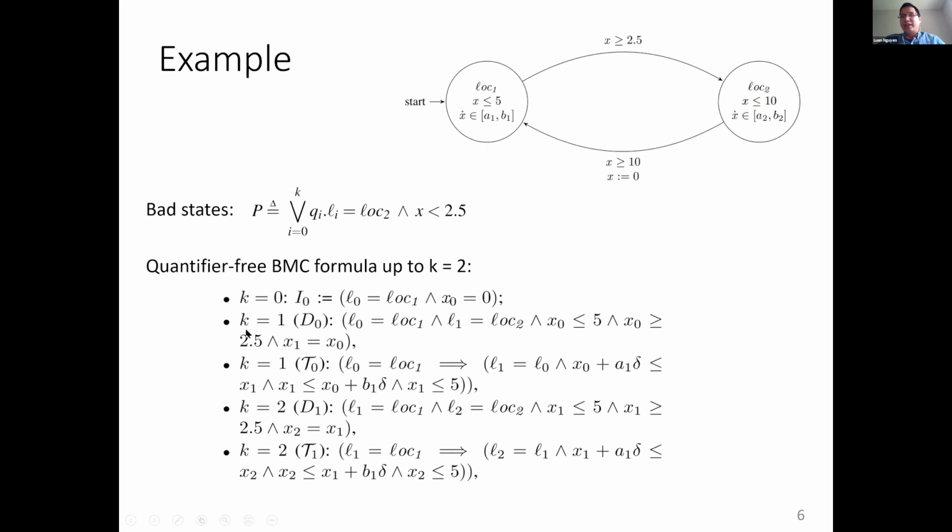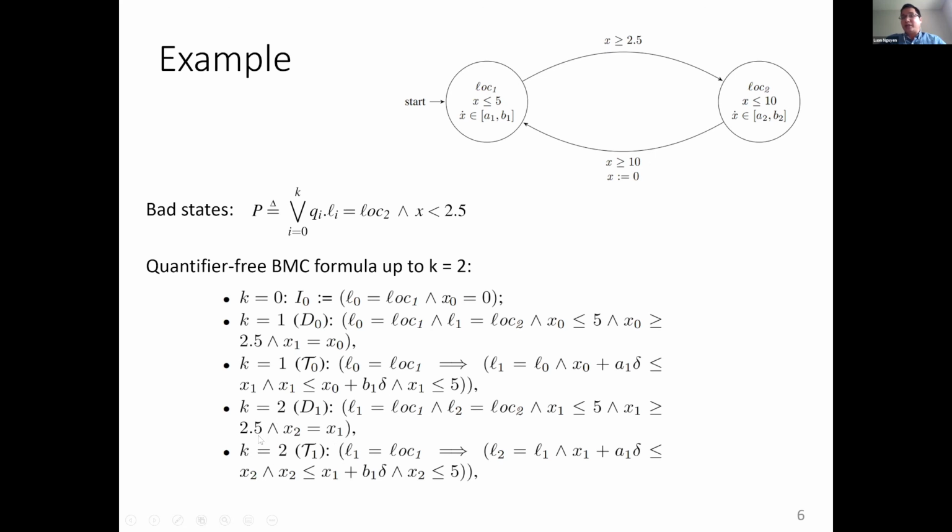And we can examine further at k equal to 1. The discrete transition cannot happen because the value of S0 equals 0 right now, so this is unsatisfiable. So only the continuous trajectory will evolve at k equal to 1. And let's move on to k equal to 2.